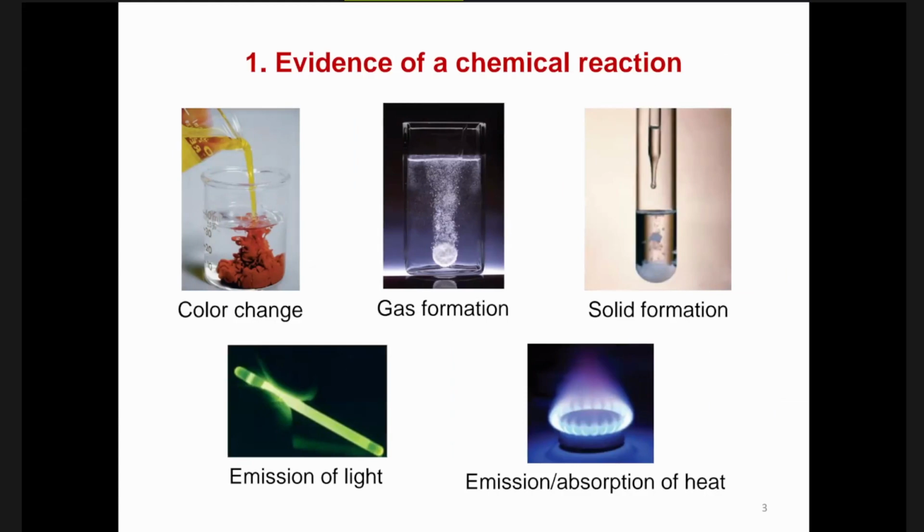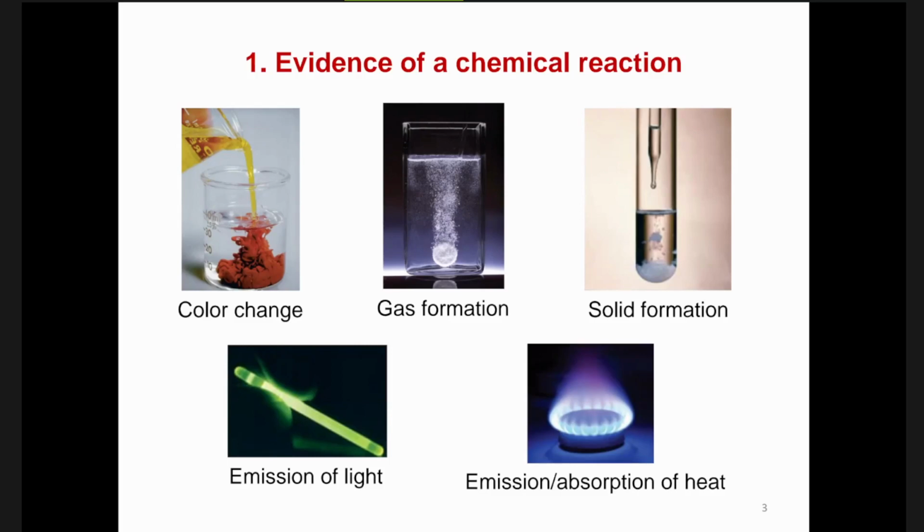By definition, a chemical reaction is a process, a phenomenon, where one chemical compound is consumed and one new chemical compound is generated. So if you observe a color change, that means the absorption of the solution is changed.